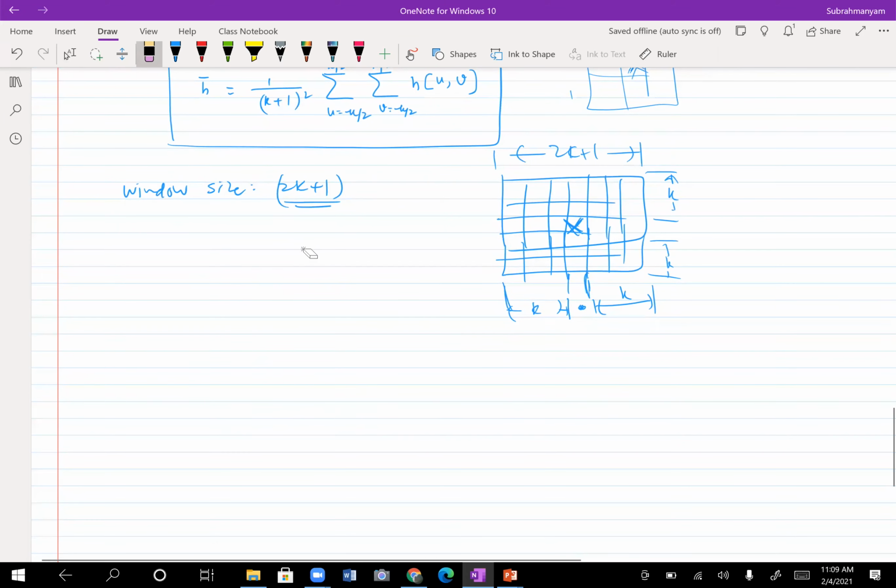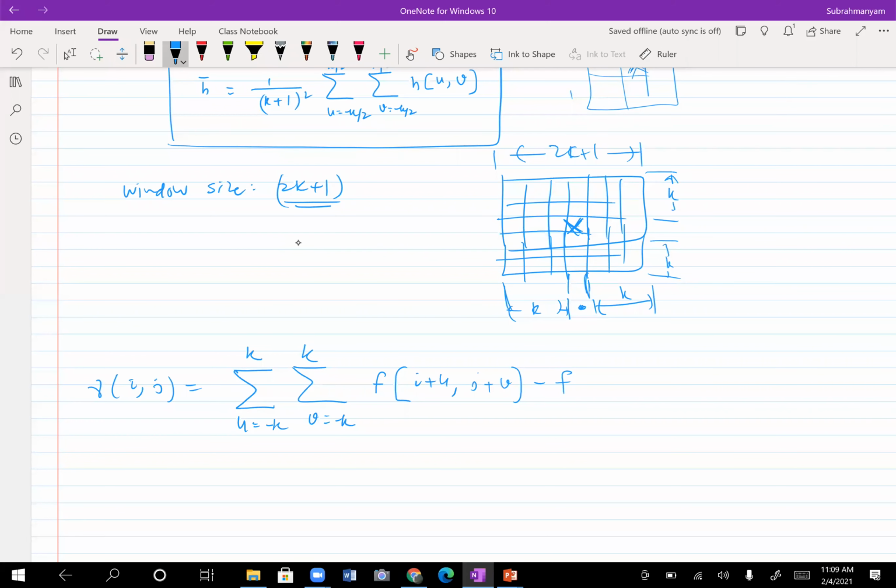The normalized cross correlation value for location i comma j is equal to, you can tell me, there are two summations: u varying from minus k to plus k, v varying from minus k to plus k, of f of i plus u comma j plus v, minus f bar.